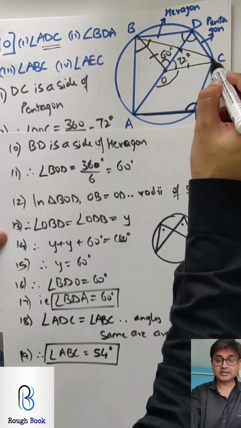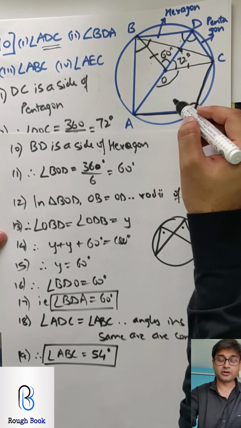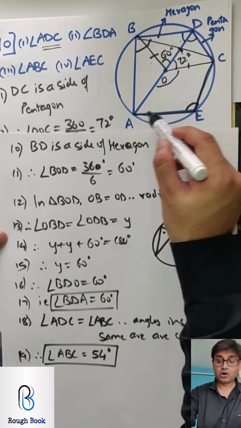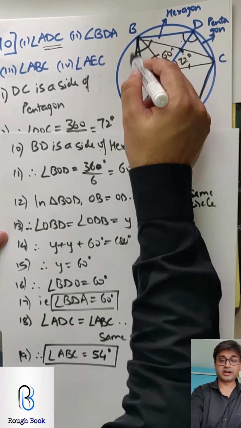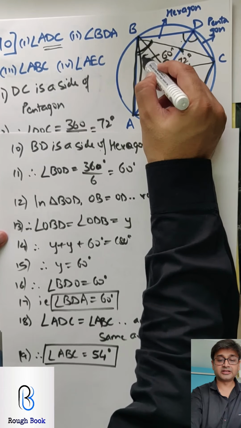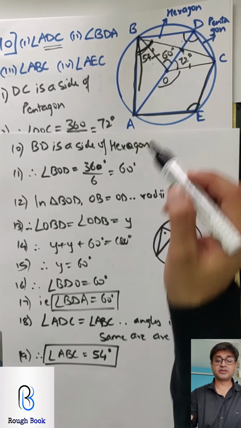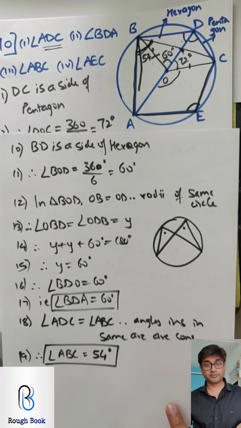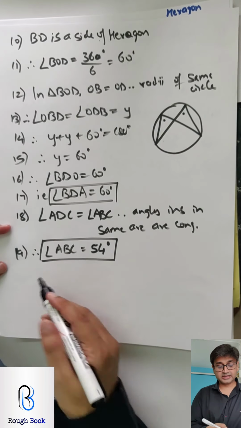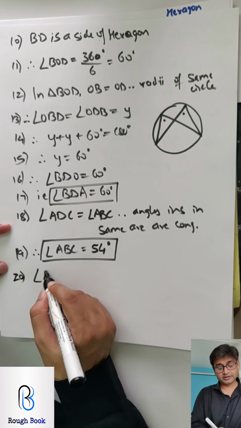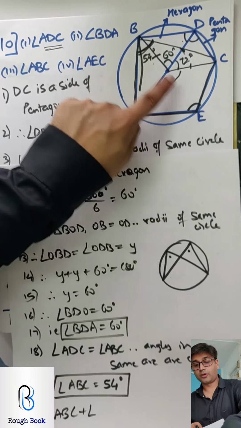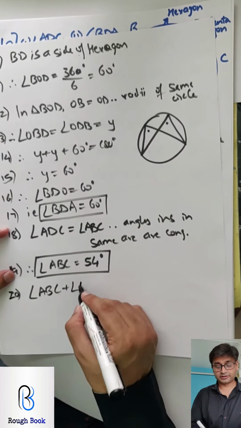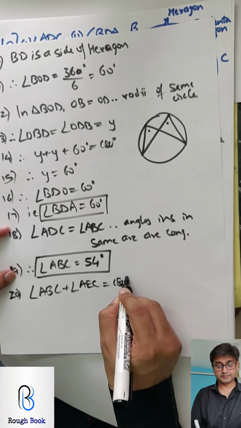Take AECD as a pentagon, cyclic quadrilateral, or AECB as a cyclic quadrilateral. So you already found this angle as 54. So opposite angles of cyclic quadrilateral are supplementary. So let's write it. Angle ABC plus angle AEC. These two opposite angles are supplementary, 180.